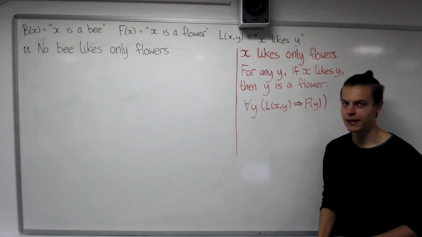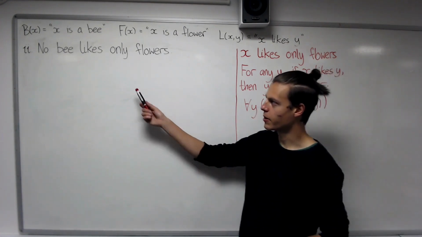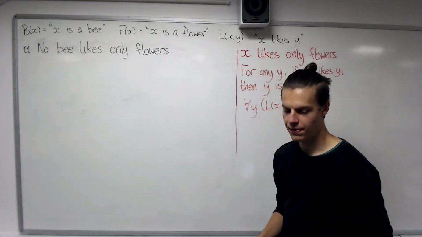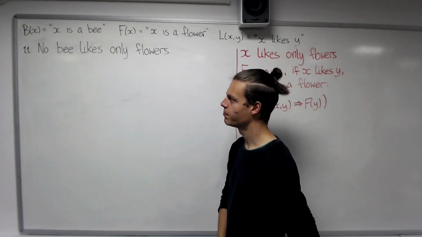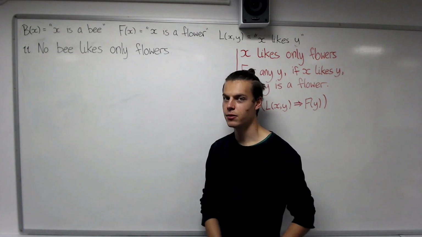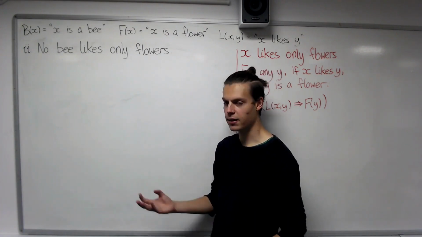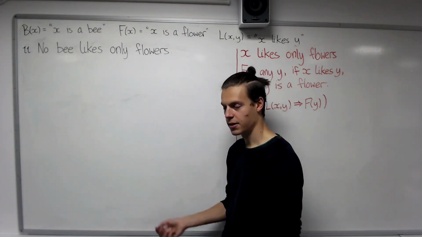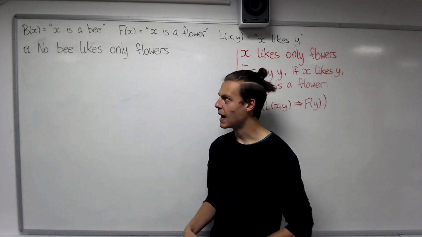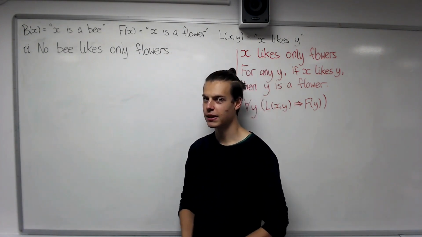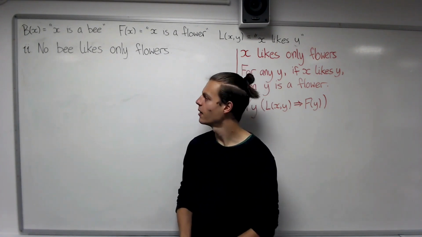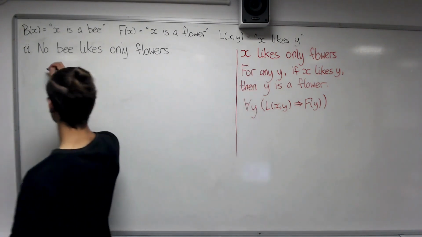Now let's return to the statement up here. No bee likes only flowers. So how can we rewrite this? Well, we can say that there is not a thing x such that x is a bee and x likes only flowers, right? So there does not exist such an x.